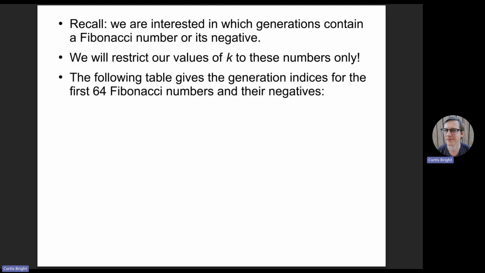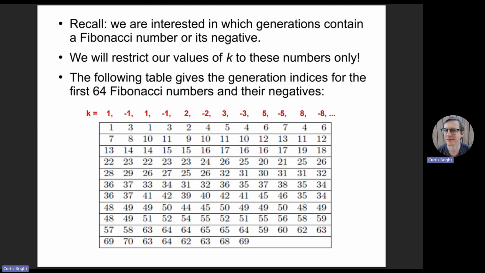Okay, so the following table gives us the location, i.e. the generation index, for the first 64 Fibonacci numbers and their negatives. We included 1 twice just because the Fibonacci sequence is 1, 1, 2, 3, 5, 8. The next row would be 13, negative 13, 21, negative 21, and so on. So it's telling us where in the tree these numbers occur.